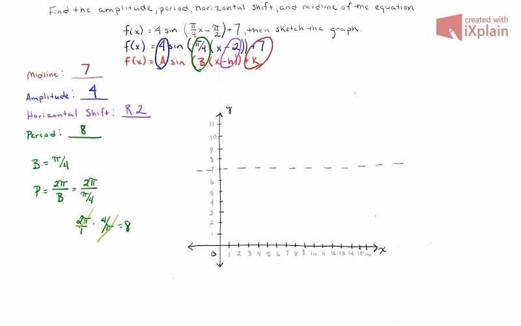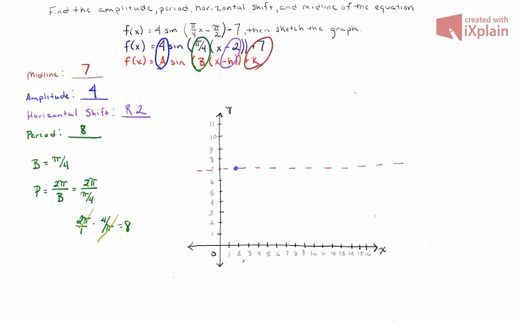Now it's just a matter of putting this together. Usually with a sine function, we're starting at the center on the vertical axis. However, in our case we're shifting to the right 2, so instead of starting here, at that purple dot on the y-axis, I'm going to move it over to the right 2.